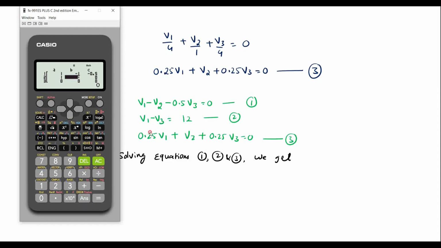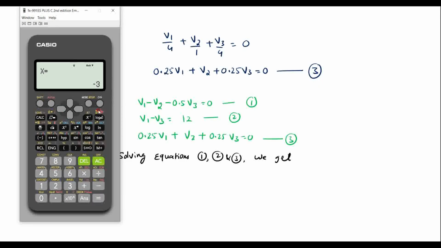V2 is missing, which means its coefficient is 0. Coefficient of V3 is minus 1, and the D value here is 12. Similarly, for the third equation, coefficient of V1 is 0.25, coefficient of V2 is 1, coefficient of V3 is 0.25, and this value is 0. Press equal again.